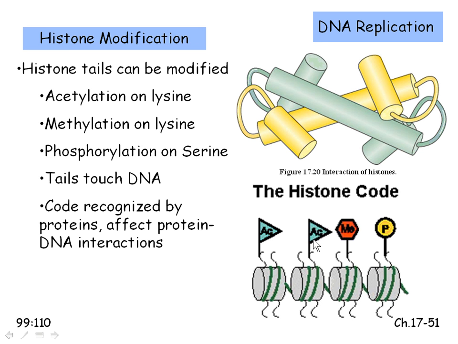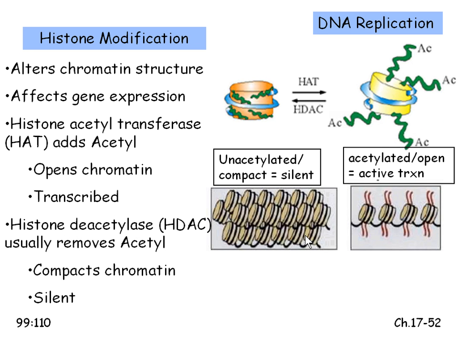Or maybe the protein doesn't recognize these signs, and so it doesn't interact with the DNA. So the histone modifications are very important for regulation of transcription of DNA as well as other necessary processes with DNA.